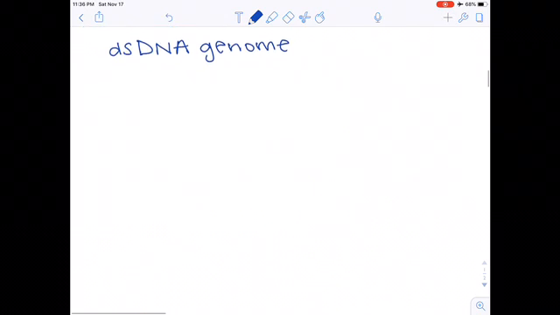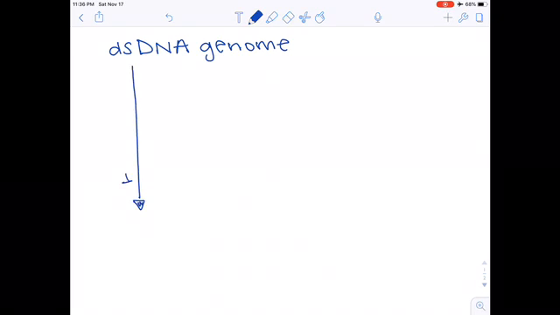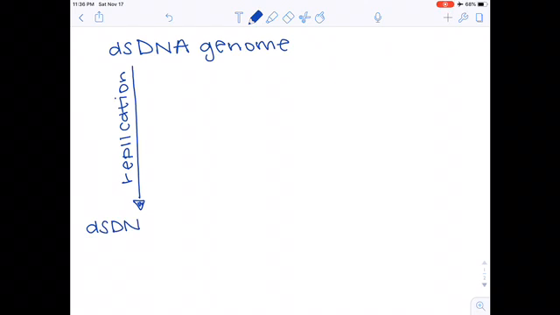And obviously, to get a genome for the final virion that's going to be released from the cell, you have to replicate and get another double-stranded DNA genome. But also, like we talked about earlier, you have to have a nucleocapsid to surround that genome.